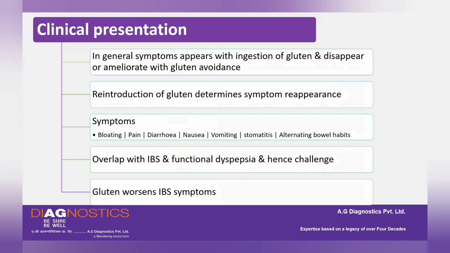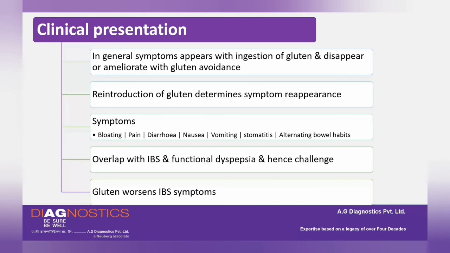What are the symptoms which you see in NCGS? There can be bloating, pain, diarrhea, nausea, vomiting, stomatitis, and altered bowel habits, overlapping with irritable bowel syndrome and functional dyspepsia, and hence there's a huge challenge in trying to classify many of these patients into either gluten sensitivity or irritable bowel syndrome or functional dyspepsia.